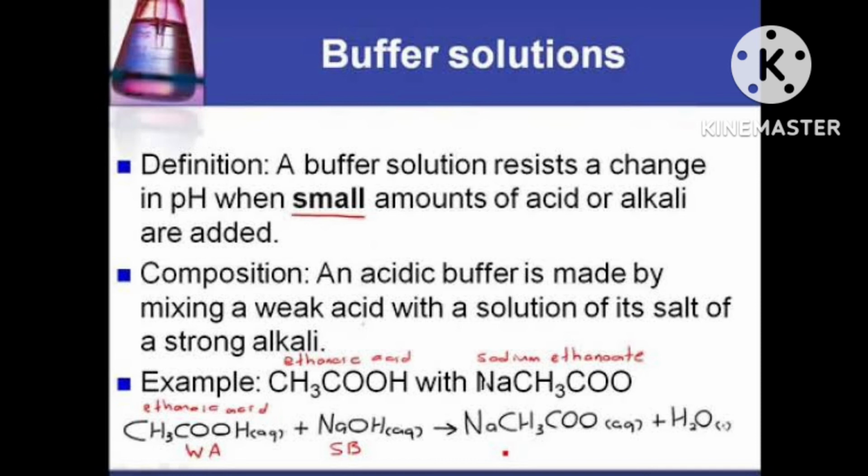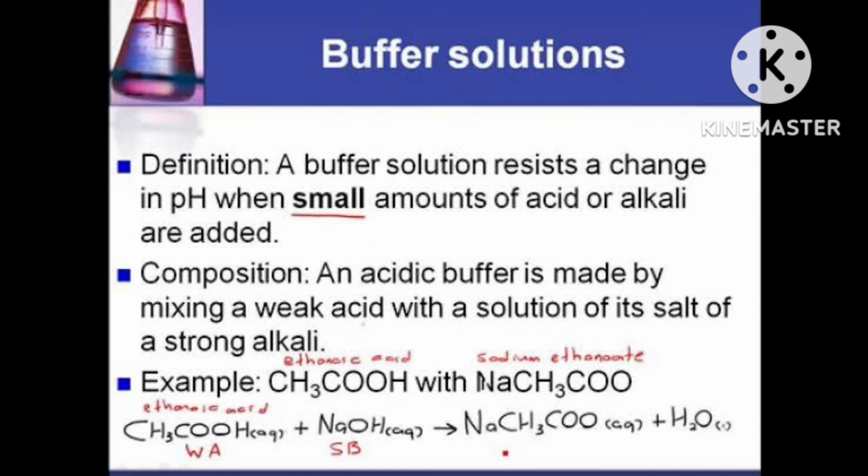Now what will be the H ion concentration? Very easy: Kw divided by OH ion concentration. Kw value is 10 to the power minus 14, and the OH ion concentration is 1.33 into 10 to the power minus 3. After solving, you will get hydrogen ion concentration equal to 7.5 into 10 to the power minus 12.